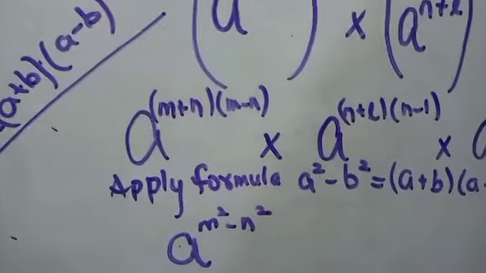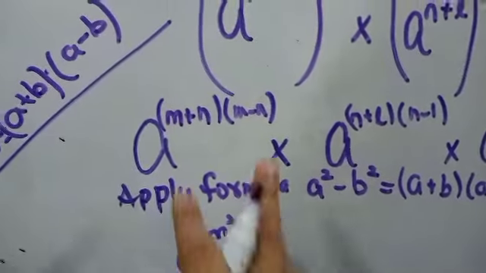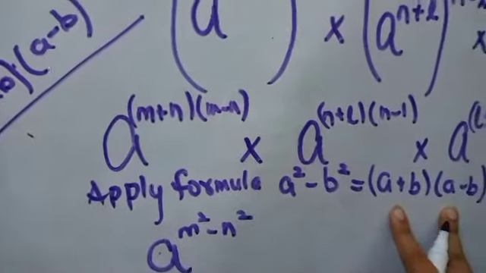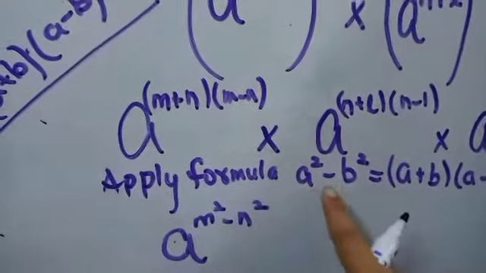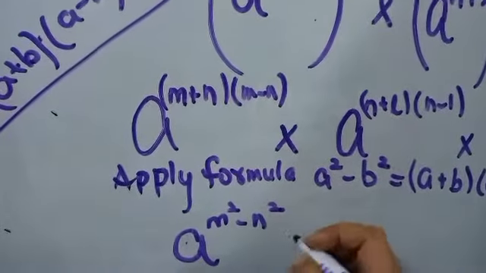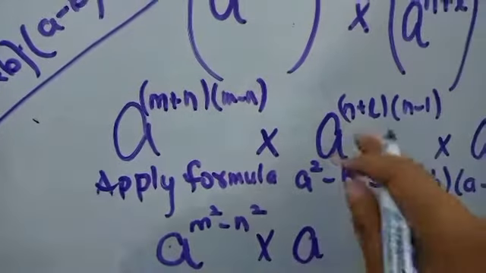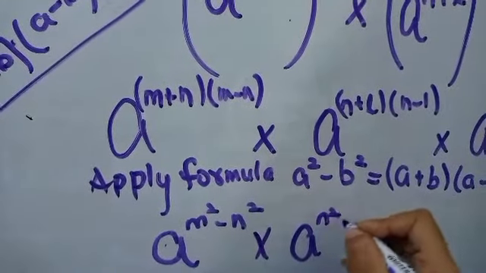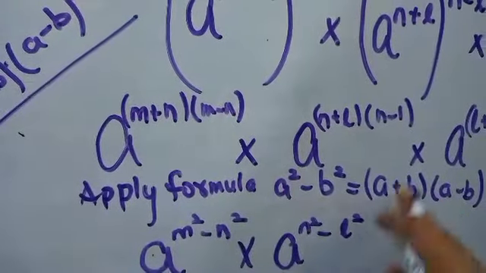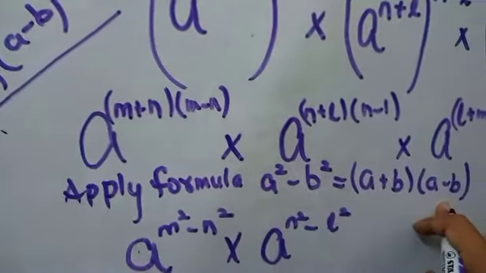Okay, simple. I did not do anything. I just considered that these variables are equal to these, because I'm applying the formula. So m square minus n square, multiplied by, again, n square minus l square, because n plus l is equal to a plus b and n minus l is equal to a minus b.